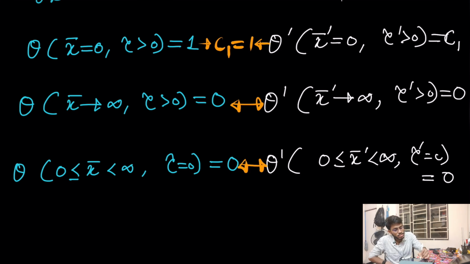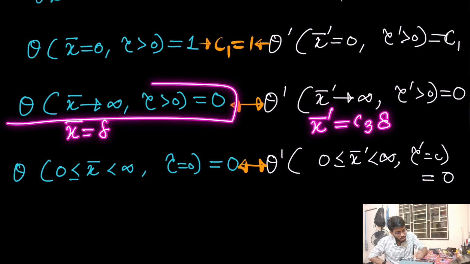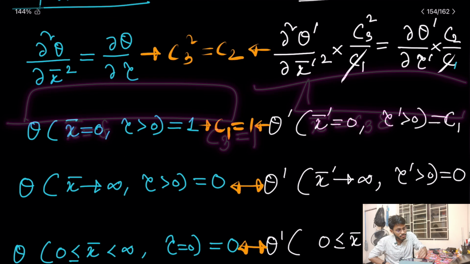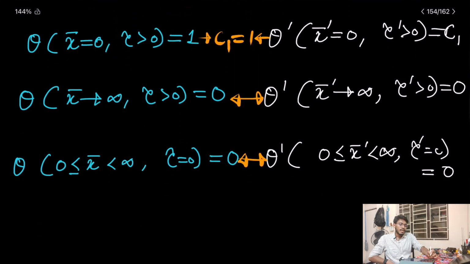But now you see that if I was having here x bar equal to some finite thing, that is delta, then I would have x bar dash equal to C3 into delta. So if I have to have this boundary condition equal to this boundary condition, then I must satisfy C3 equal to 1, and then from this equation I will be having C3 equal to C2 equal to 1. That means this transformation is the identity.